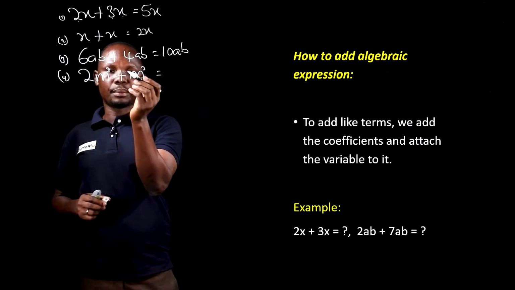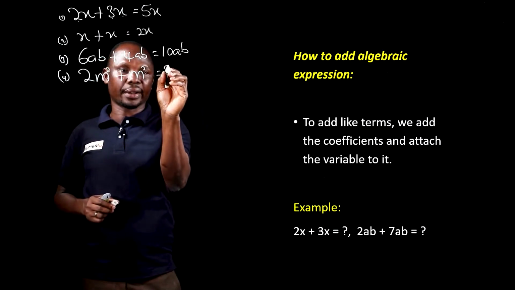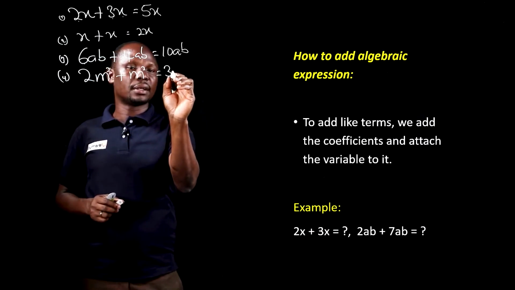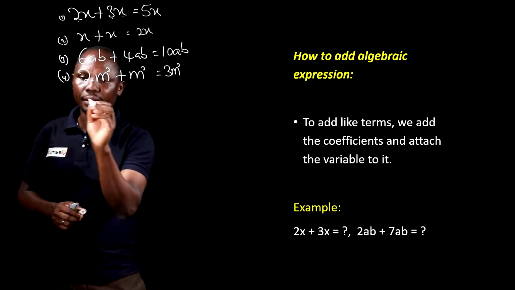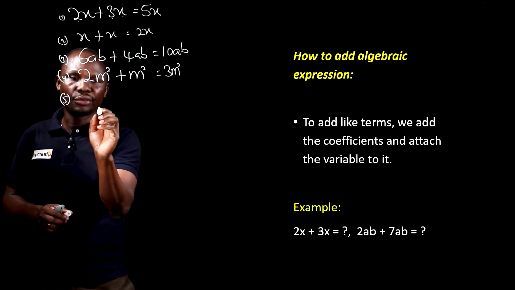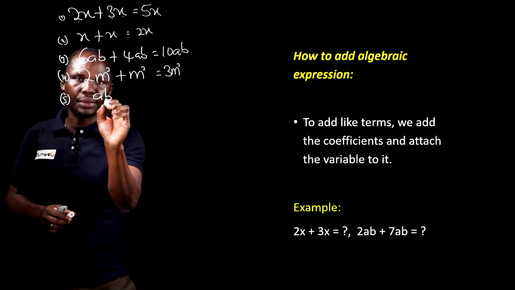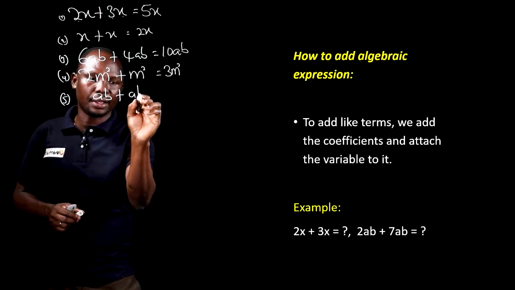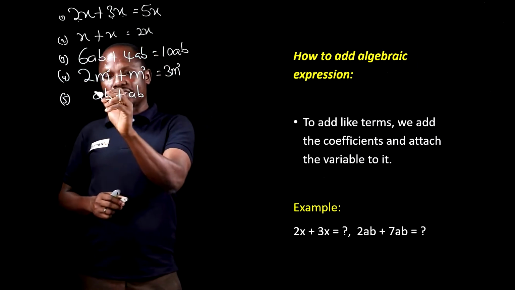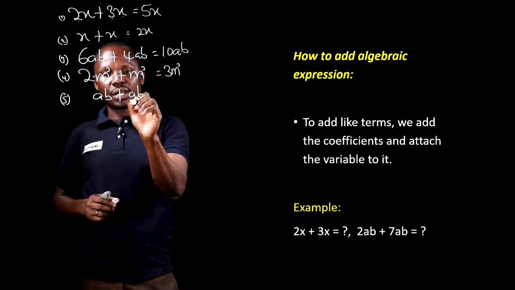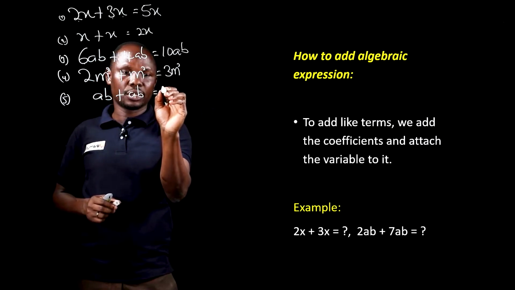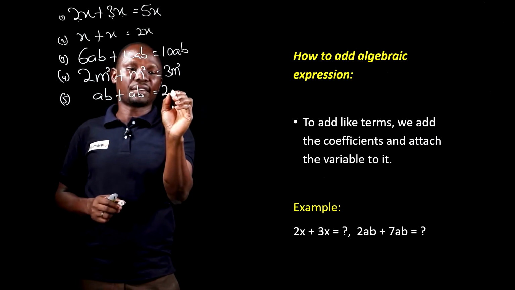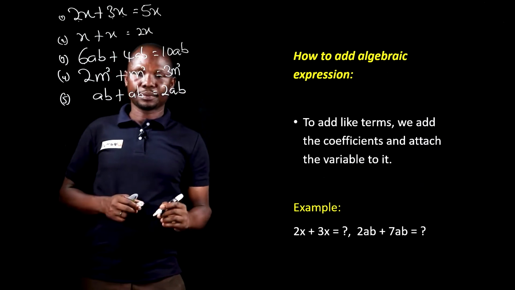So 2 plus 1 gives us 3. Then we attach the variable, which is m squared. If we have ab plus another ab, the coefficient here is 1 and the coefficient here is also 1. So 1 plus 1 gives us 2. Then we attach the variable ab.